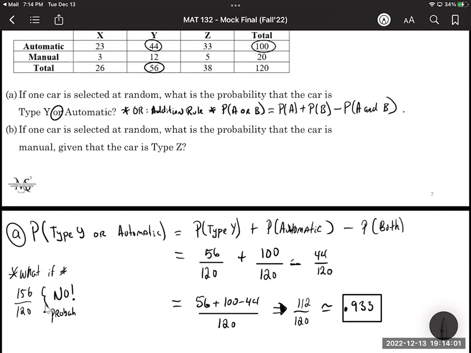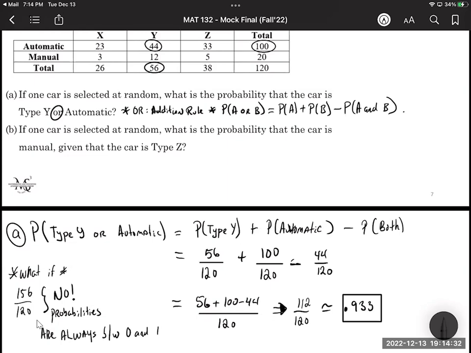Probabilities measure the likeliness of something happening, so probabilities are always between 0 and 1. If you get any answer that involves finding the probability of something, and you see that it's bigger than 1, that's a big red flag. Probabilities cannot be greater than 1.